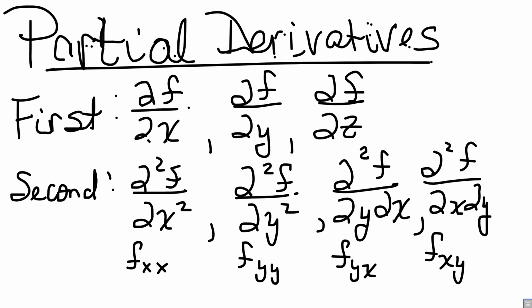We'll do an example to show you that the mixed partial theorem does hold, so you don't have to worry about checking both ways. But I'm going to do an example where we do check both ways to show you that they're going to be equal. All right, so let's take a look at some examples of doing the partial derivative.